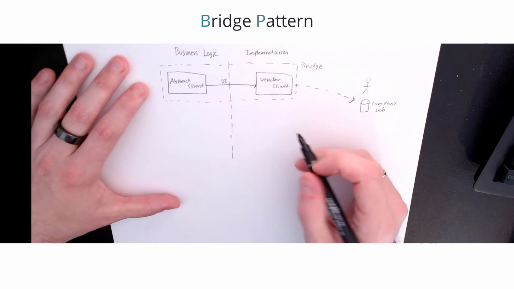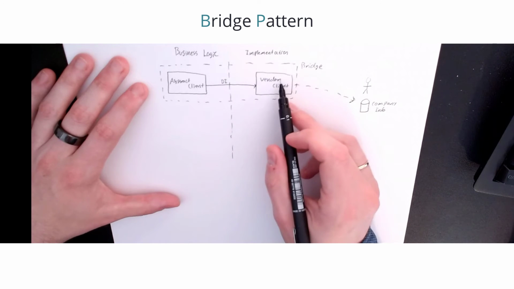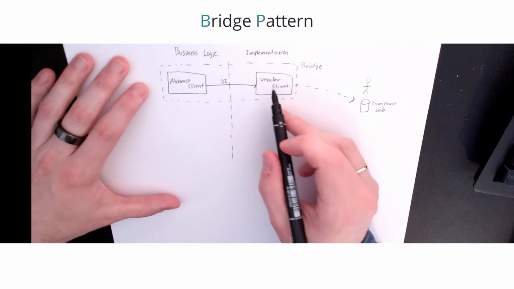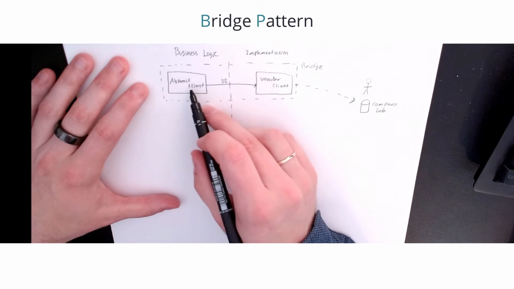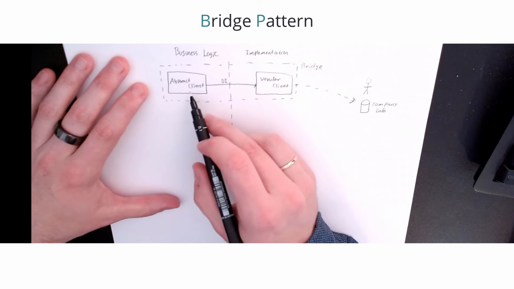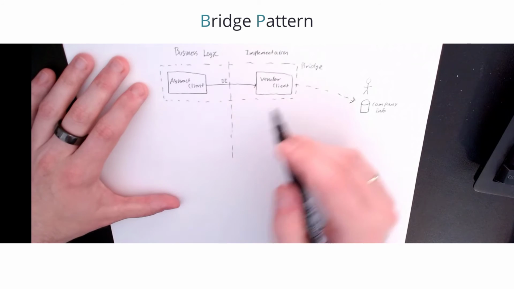The great thing about this is that we can change our vendor client and as long as it still exposes the same public interface towards our abstract client, everything that's going on in the abstract client will be the same.